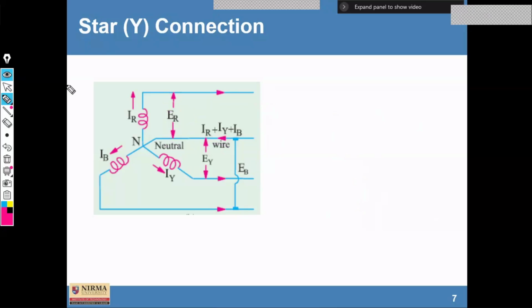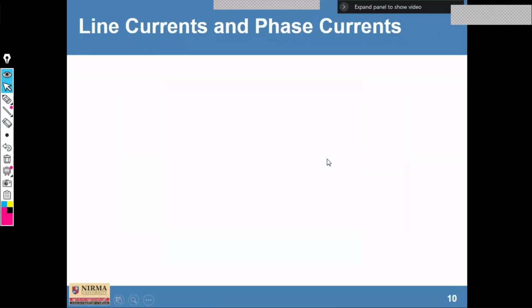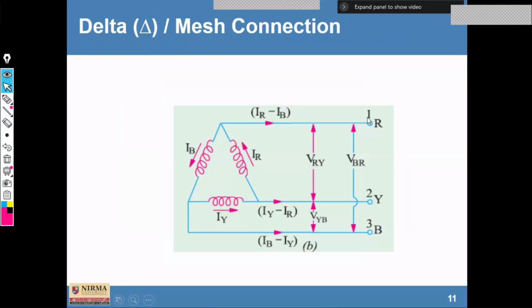Now let us see the delta connection. We will discuss the relationship and derivation of line voltage and phase voltage, line current and phase current for star afterwards. Now let us try to understand the delta connection. Application of delta we have already discussed.